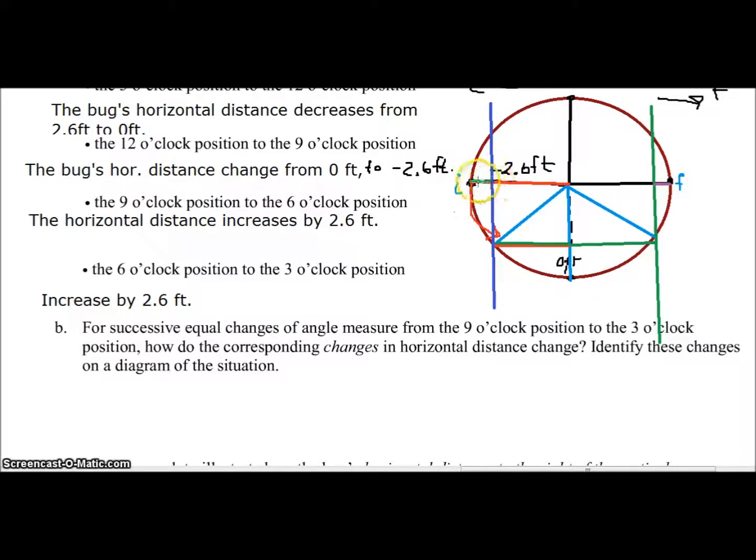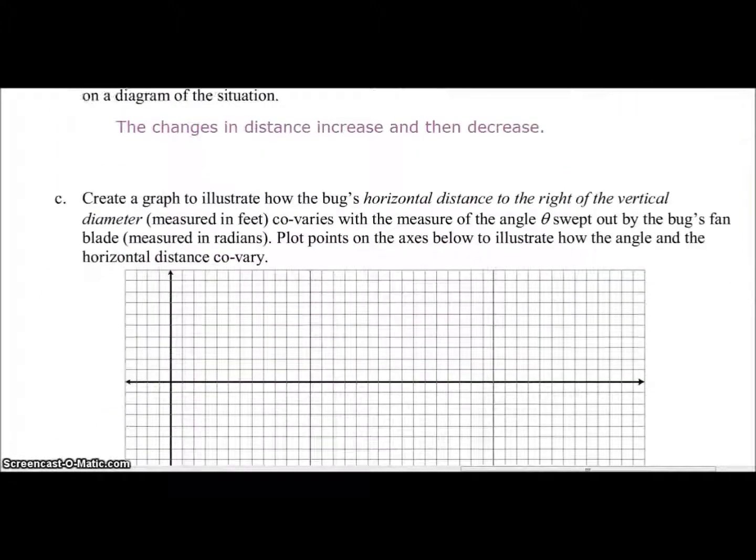First we have this pretty small change in distance, but then there's a larger change in distance, and then another pretty big change in distance, then we have a small change in distance again. So notice that the changes in distance increase, but then they start to decrease.